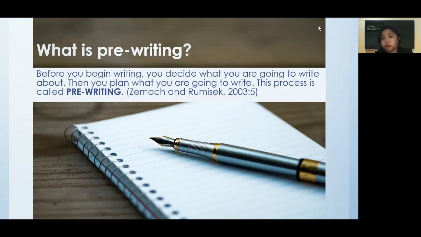For you who maybe haven't watched my previous video, I'll tell you that pre-writing is the first process before you go through your writing. Before you begin your writing, you decide what you are going to write about. Choose the topic, and then you plan what you are going to write.